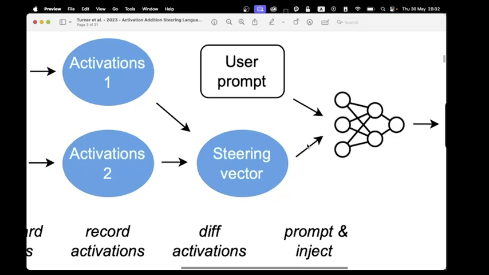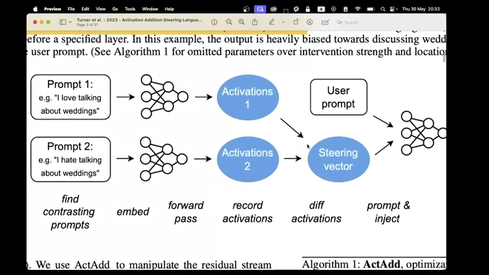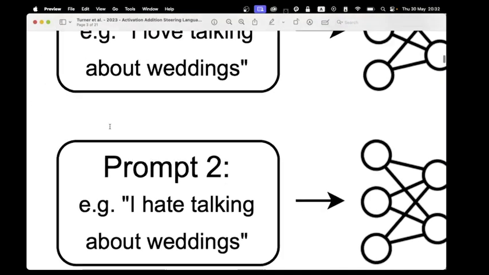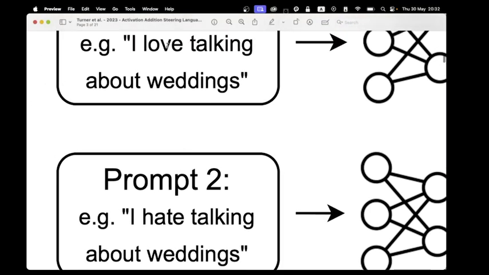So you're trying to extract the thing that you need. In this case, this is love minus hate, and supposedly we get just wedding. This is actually weird, right? Because if you just remove word by word, then you will get love minus hate, and the weddings will cancel out, right? But they find this is not what happens.